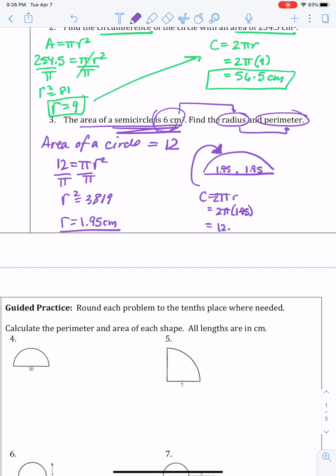So I get 12.25 centimeters, but then I have to add my two radiuses to get the total circumference. So 16.15 centimeters would be the circumference for a semicircle.